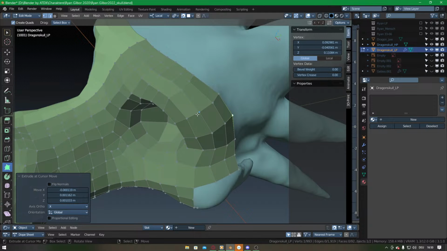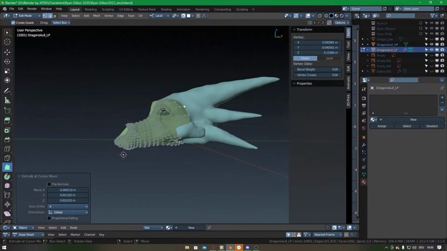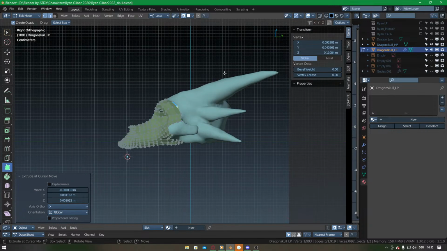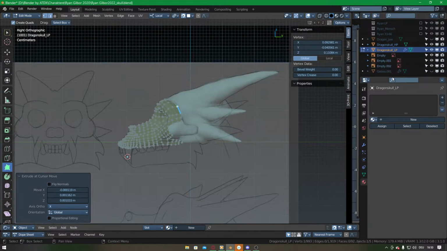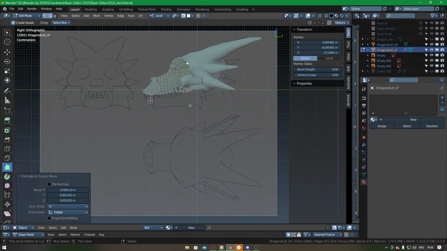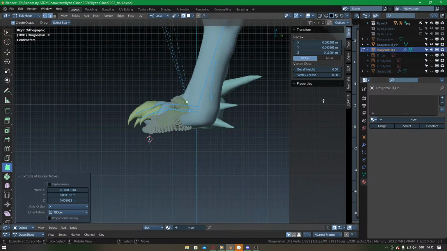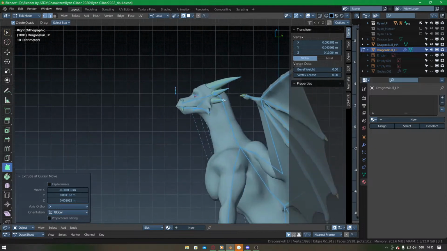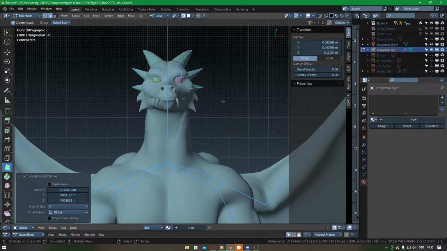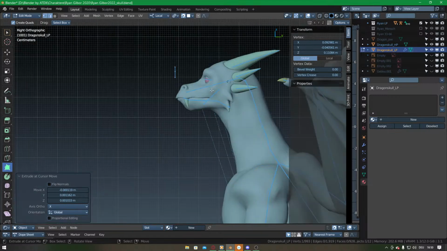No. The skull wasn't inspired by a dinosaur. Makes no sense. I drew that myself based on his head. Basically just his head.